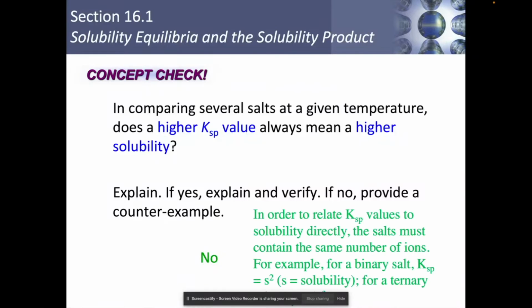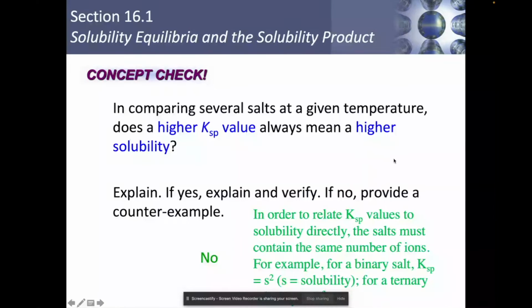The reason the answer is no is that in order to talk about a Ksp value of something, the salts that you are comparing must contain the same number of ions. Because we are squaring and cubing things, the only way to compare two salts directly would be to have the exact same number of ions that something is breaking up into.